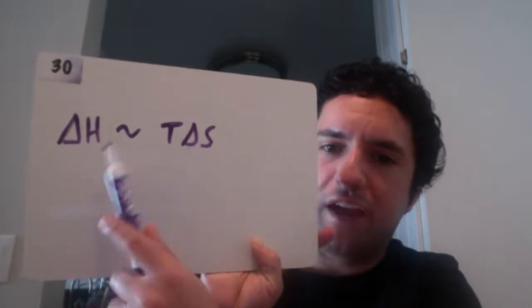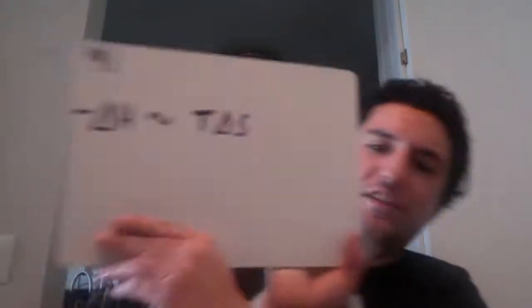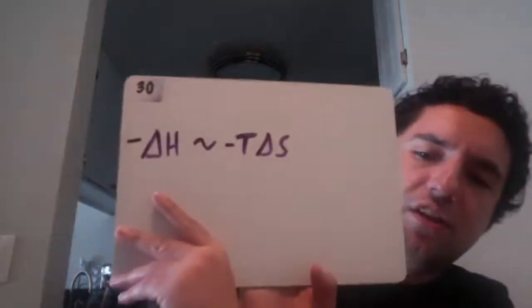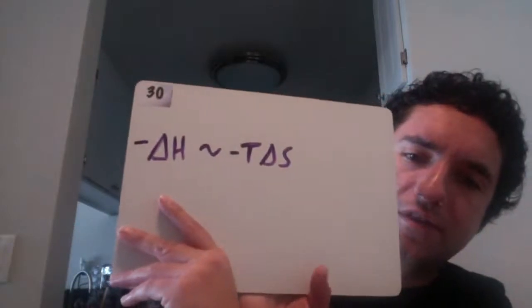So if you have something that's exothermic, for example, if it's exothermic and releasing internal energy, then that means, actually, let me double check that. Yeah, that means that the change in entropy is also going to be negative as well.